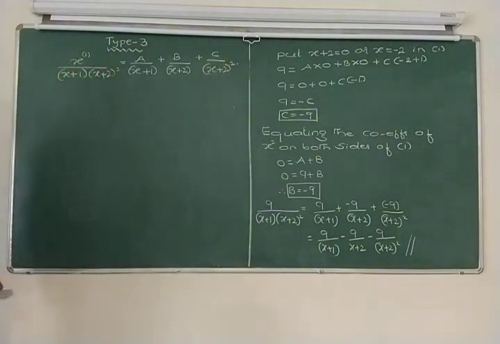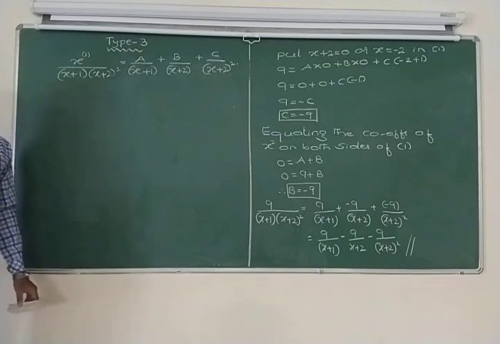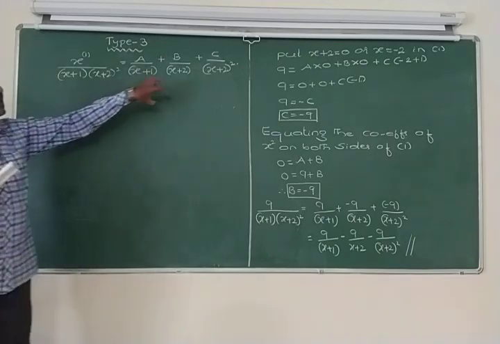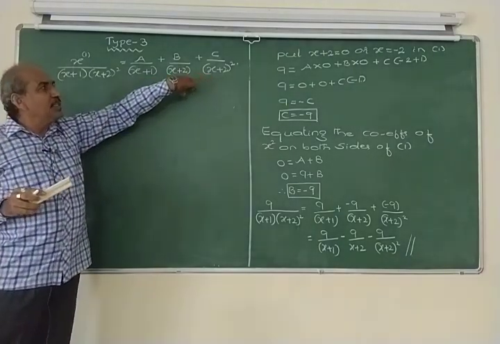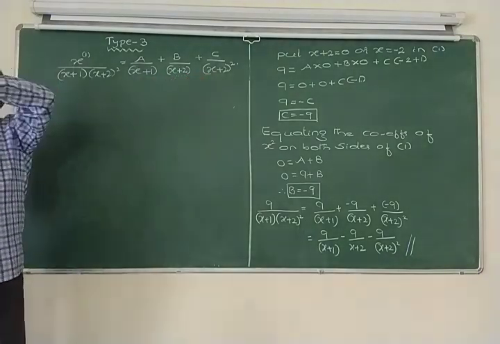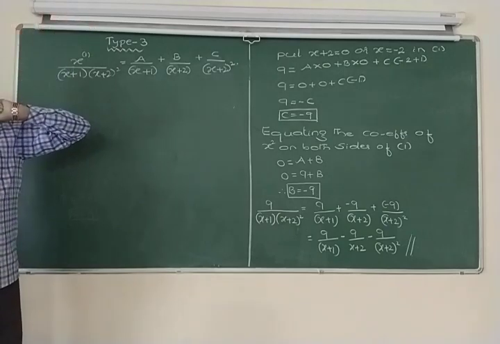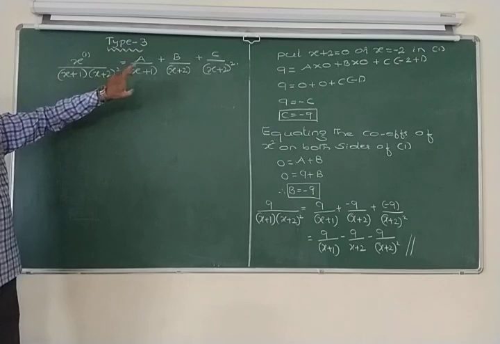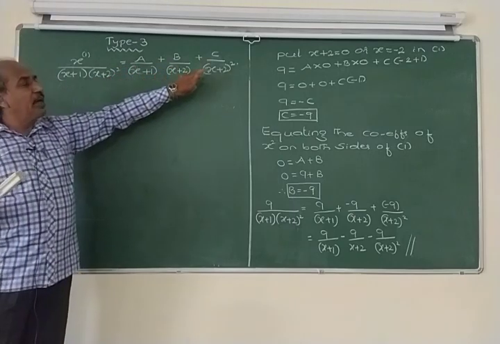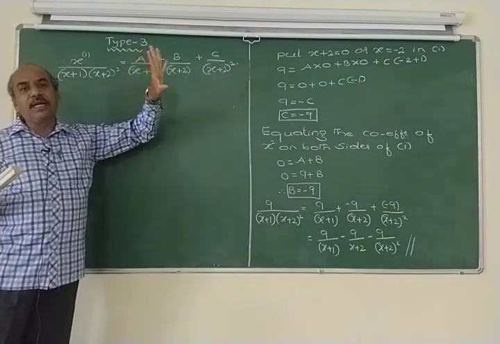Repeated linear factor. I hope you got it. Okay. This is the method of working rule. You have to take like this only. You must split in this way in 3 terms by taking in the numerator capital A, capital B and capital C. But in the denominator, it should be x plus 1, x plus 2 and x plus 2 the whole square.